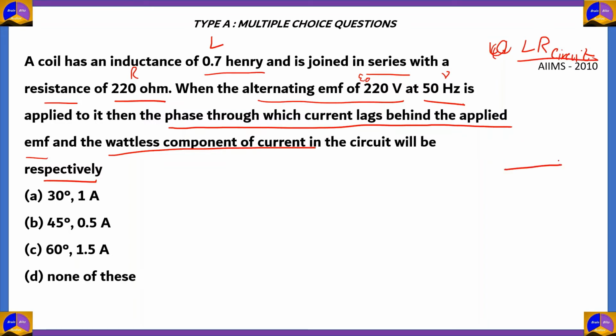So when we have an LR circuit, if the current is flowing along the x-axis, then the voltage of the inductor is perpendicular to the current, with a phase difference of pi by 2. It leads the current, while the EMF component of a resistor is always in phase with the current. So VL and VR are perpendicular to each other.